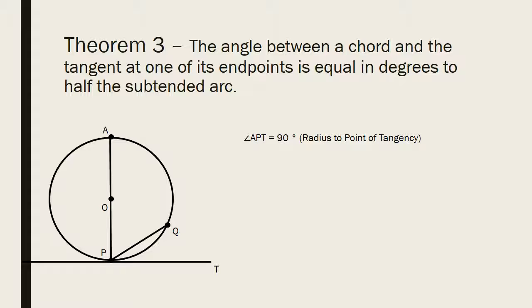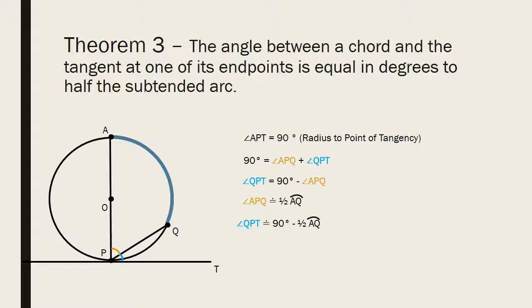Now we can rewrite this to say that angle QPT equals 90 degrees minus angle APQ. Now, theorem 1.16 states that angle APQ should be 1/2 the subtended arc AQ.